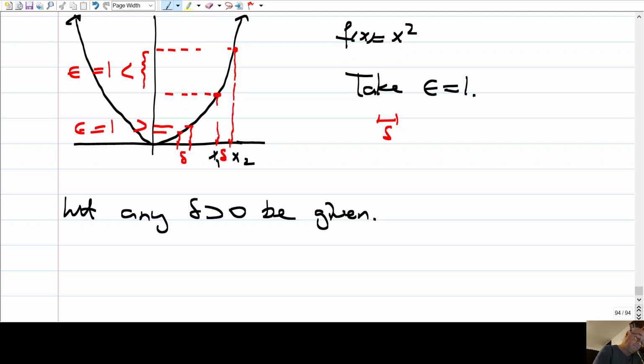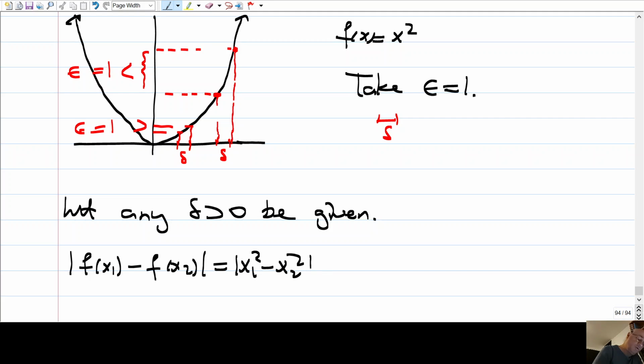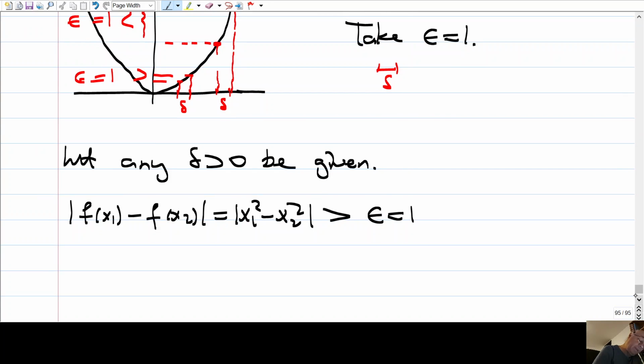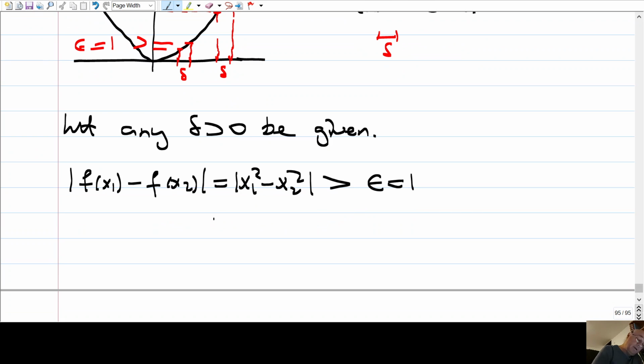Well, I need to write down the inequality they have to satisfy. So f of x1 minus f of x2, this is x1 squared minus x2 squared, and I want this to be larger than epsilon, which is 1. What is this?